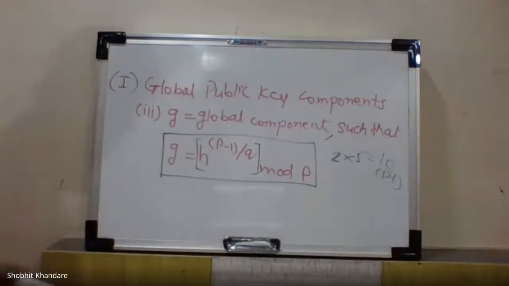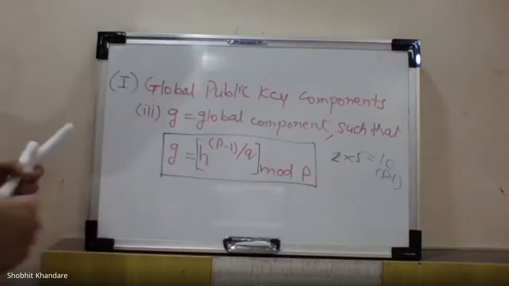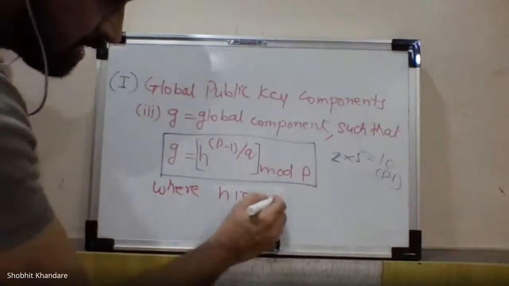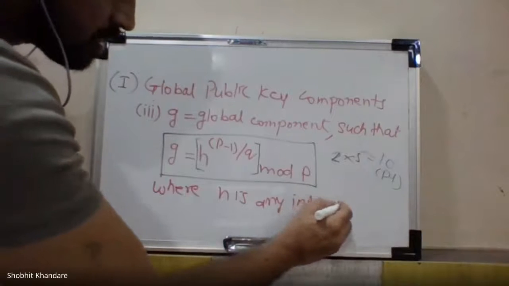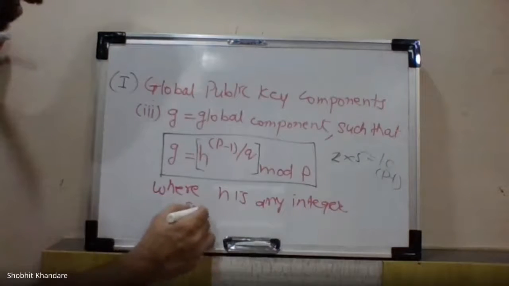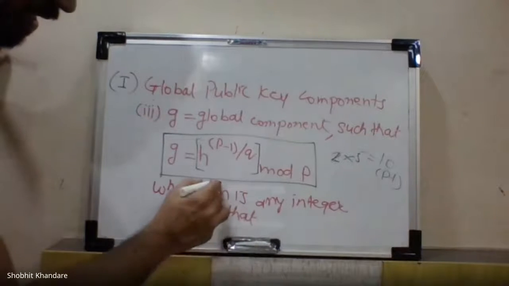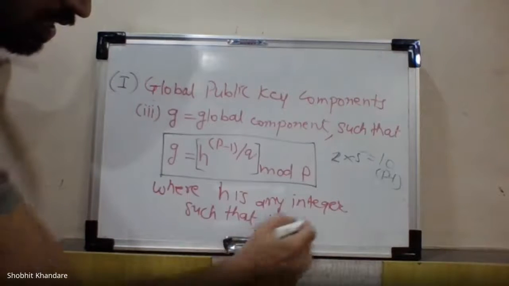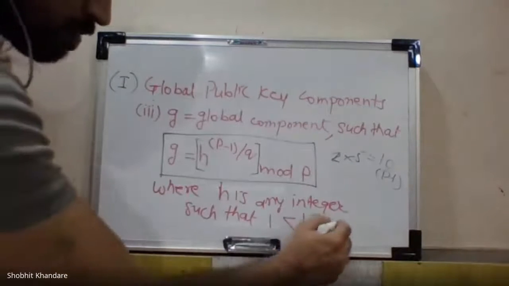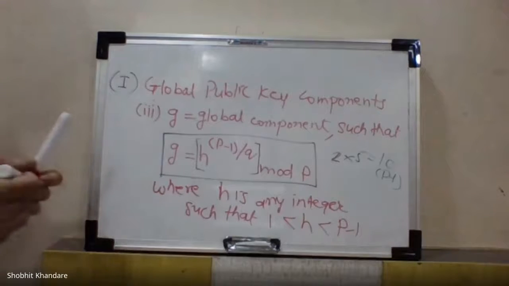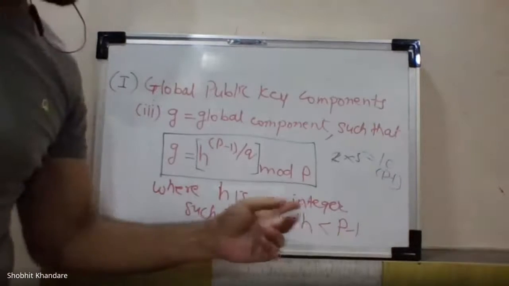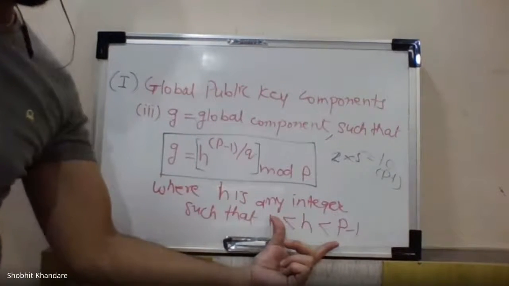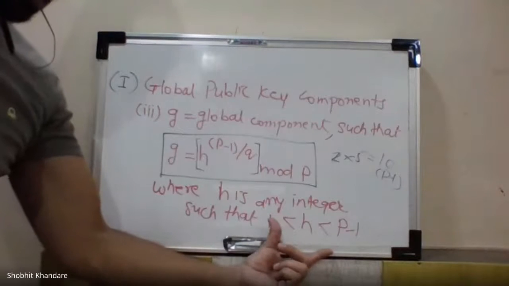Where h is any integer such that it should lie between 1 and p minus 1. So you can take any integer, but the value of h should lie between 1 and p minus 1.